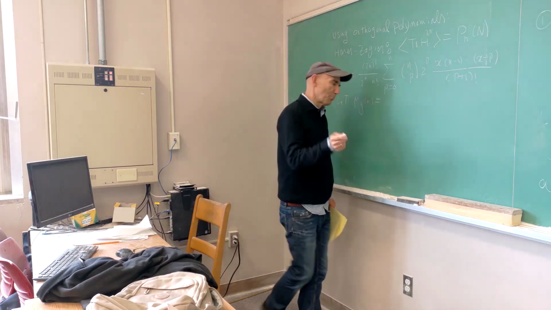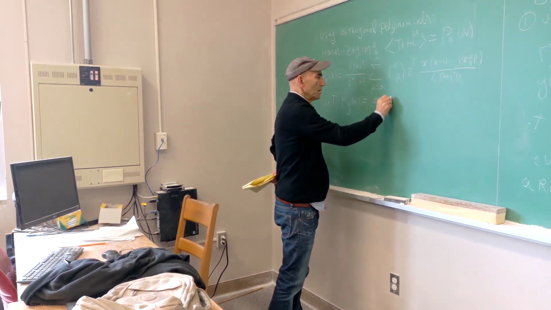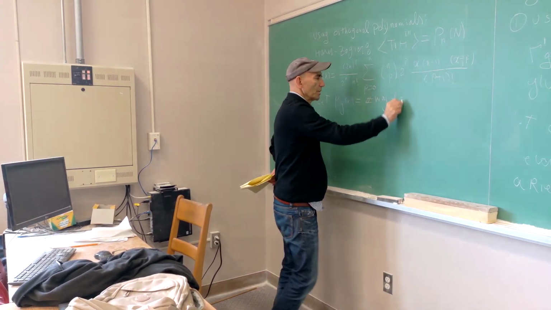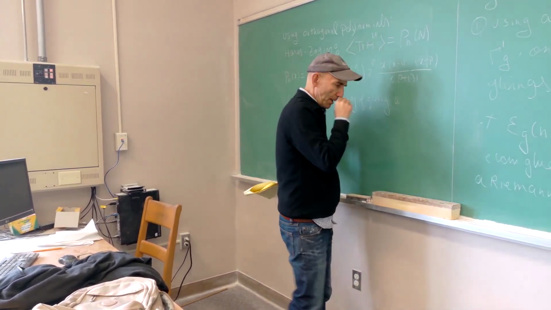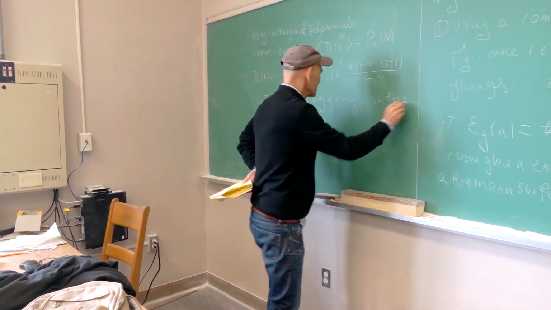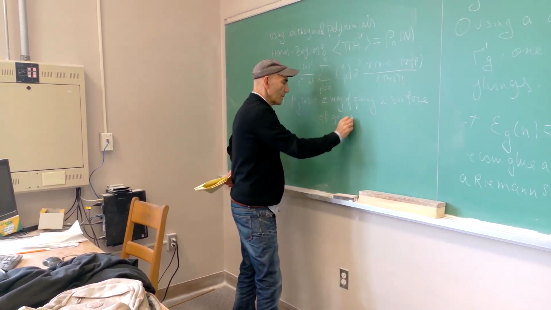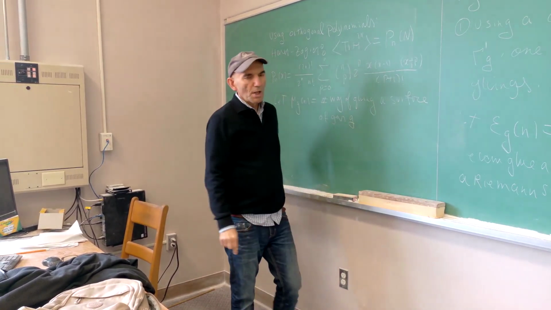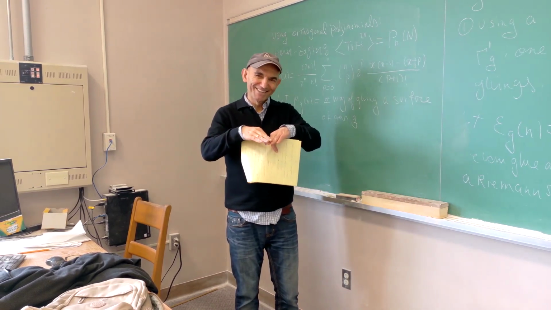So this is the number of ways of gluing a surface of genus g without gluing two adjacent edges.